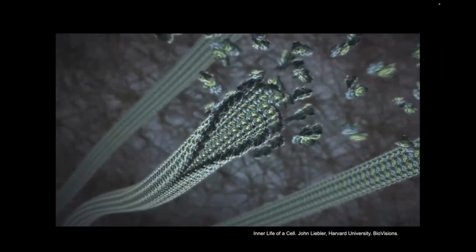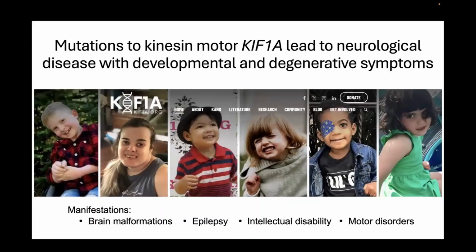And I wanted to understand how, when we have these variants that have been identified in KIF1A in these different patients, that gives rise to developmental and degenerative problems. So here's some example of the KIF1A community that I work with.